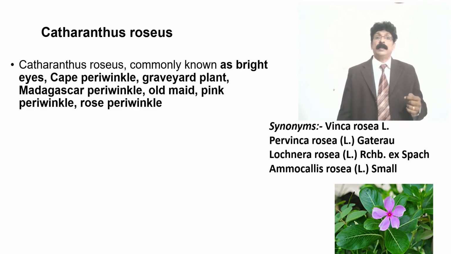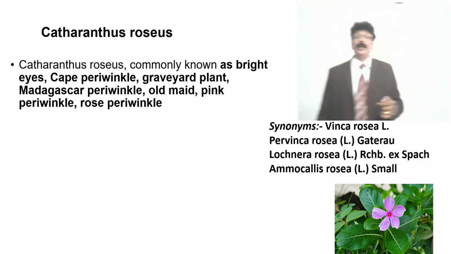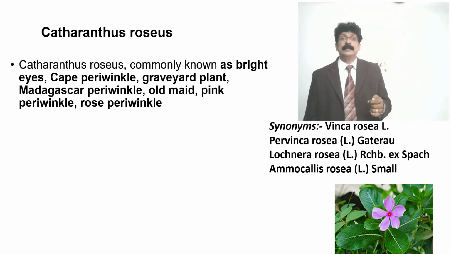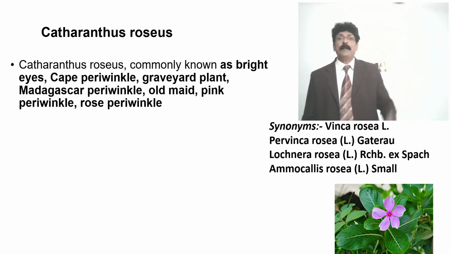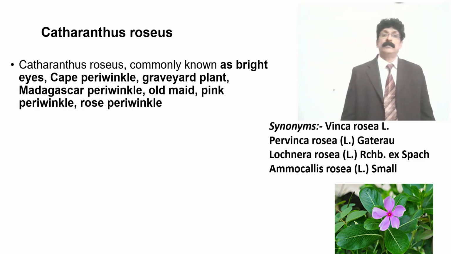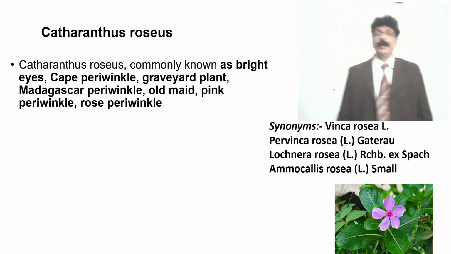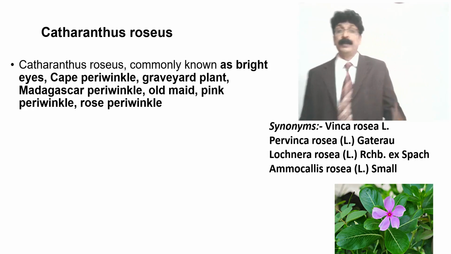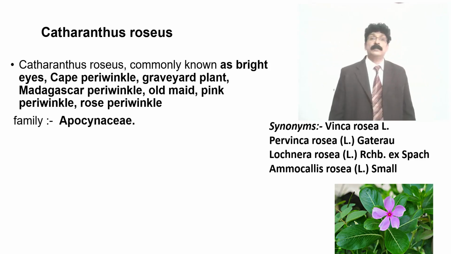The definition: Catharanthus roseus, commonly known as bright eyes, Cape periwinkle, graveyard plant, Madagascar periwinkle, old maid, pink periwinkle, rose periwinkle or just periwinkle, family Apocynaceae.